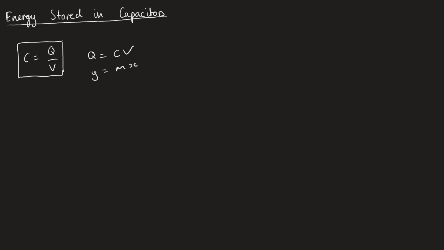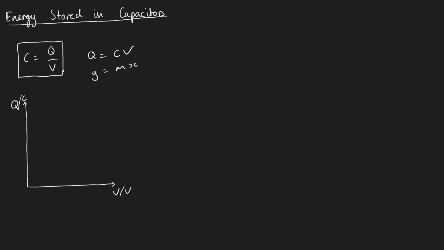So let's take a measurement of the charge held on a capacitor plate, and look at the charge held and the voltage. This charge held is in coulombs and this potential across it is in volts. I want to see the relationship: if I increase the potential across it, how does the maximum charge I can hold increase?